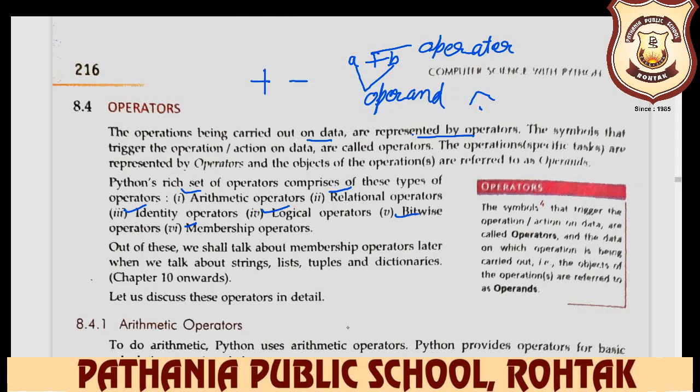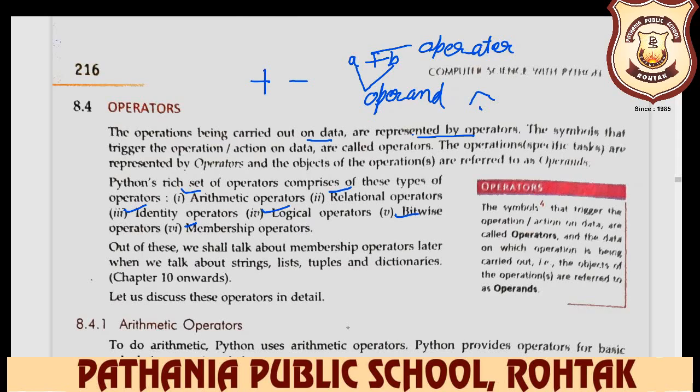But now here we explain arithmetic, relational, identity, and logical operators.